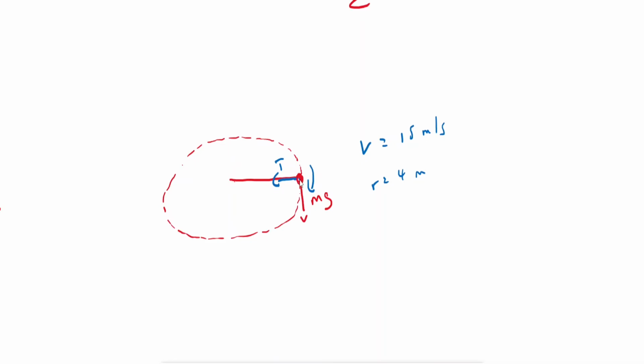The only force keeping this up is the tension, because this object wants to go there, but the tension is forcing it inside. When it's here, it wants to go that way, but the tension forces it this way, so it ends up somewhere here. I can't draw it very nicely when it's a horizontal circle.